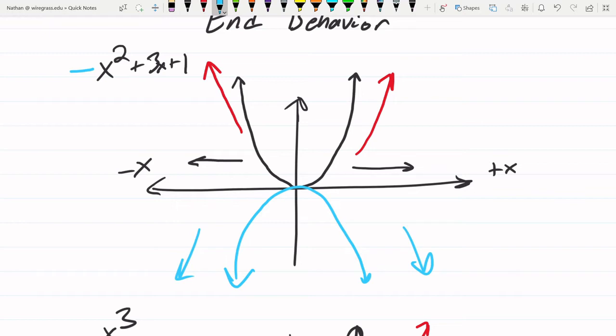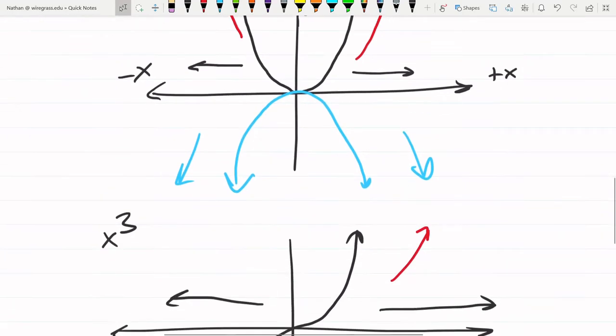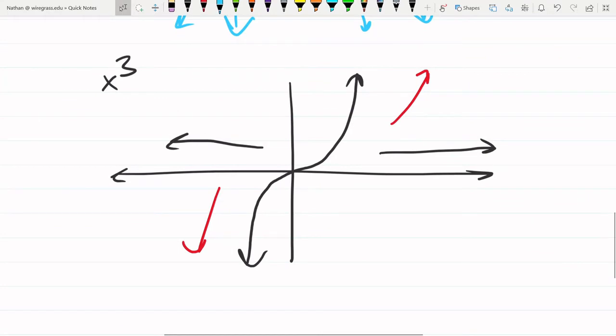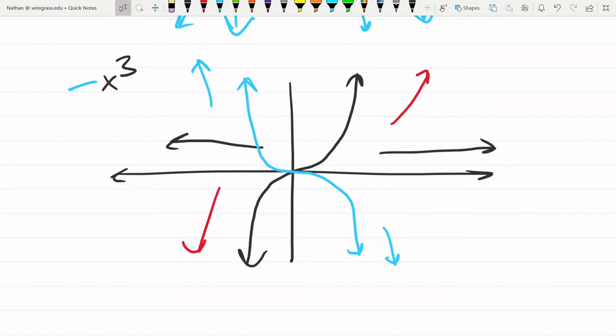That's because it is a squared or an even degree polynomial. And a cubic, if we had negative x cubed, it would look like this. And you see we go up and down. Just the exact flip, but they're still different. The different sides go different directions. That's the big thing about odd degree polynomials.